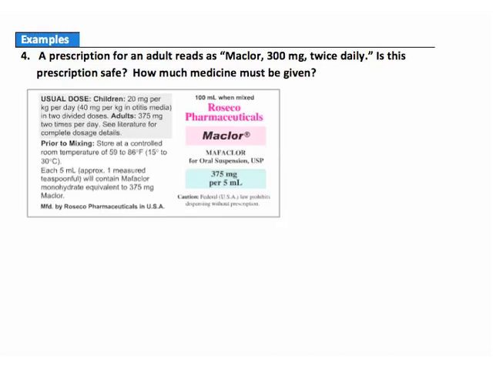Well, let's first start to determine if this is safe. Let's look at the usual dose here. And it says for adults, the maximum that we can give is 375 milligrams 2 times per day. You'll notice in our prescription here, we're giving 300 milligrams twice daily. So that is under the maximum amount, so we would say yes, it is safe to give the medication.